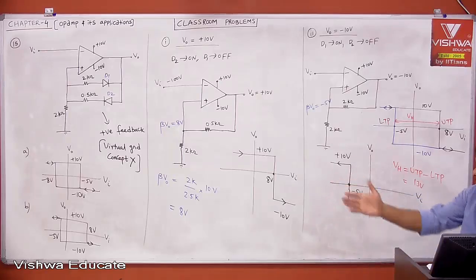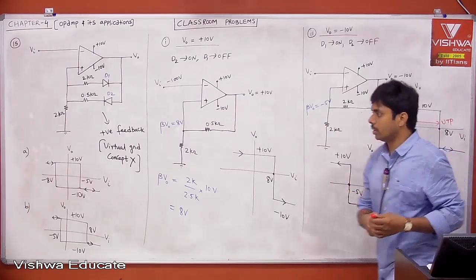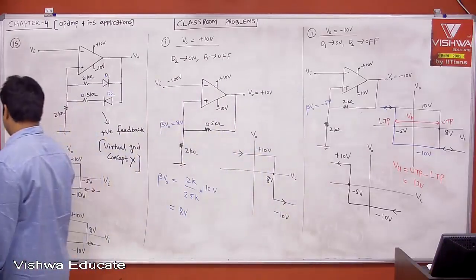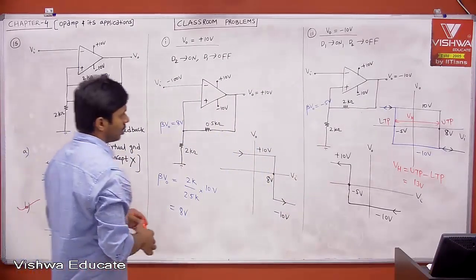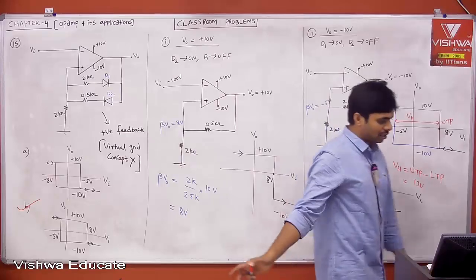Maybe if you ask me, I think option B is correct. That is option B. Answer is option B. Option C and option D we also have, but I did not plot them.